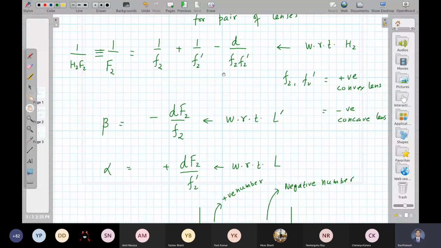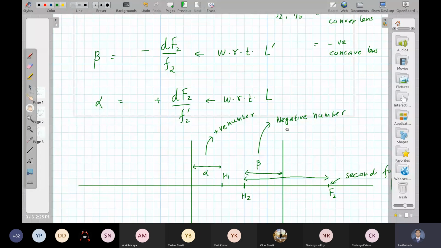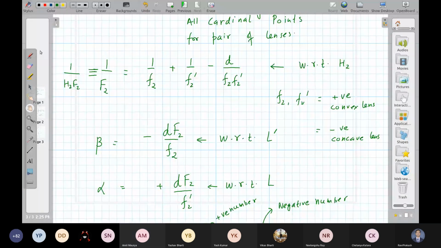So I assumed F2 positive. मैंने second focal length को positive माना था. It means first focal length is now negative. कहाँ से मेजर करेंगे आप? H1. So f1 is minus f2. कहाँ से मेजर किया जाएगा इसको? H1. Okay. So where is your first focal point?